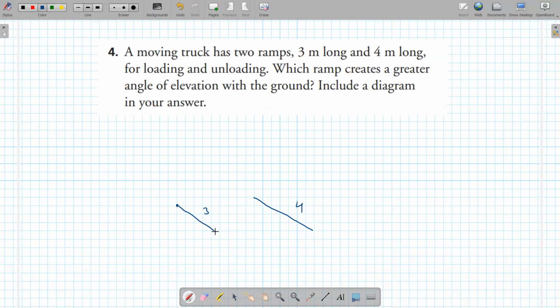So the ground is here. These are your triangles. What do you think? For which one would the theta be larger?